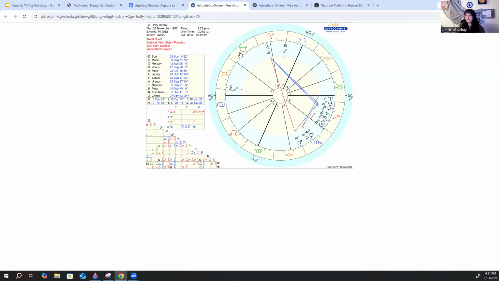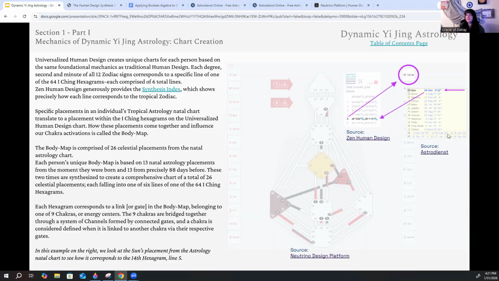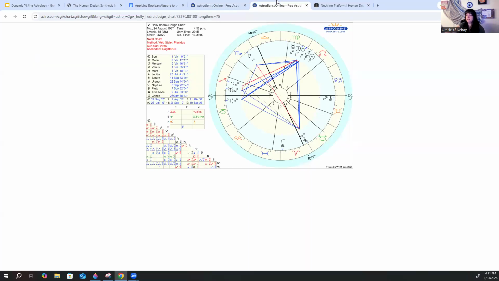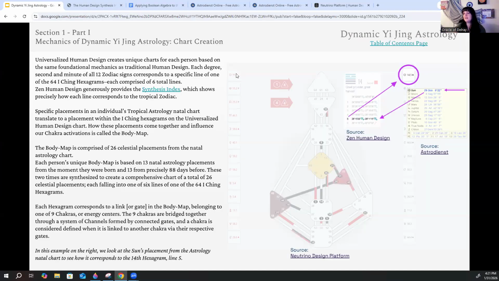So it's my birth chart, and this determines the right hand side of my chart. And then this is my design chart, which was taken August 24th of '87, around 88 days before I was born. This chart informs this part of the human design chart, or the design side.